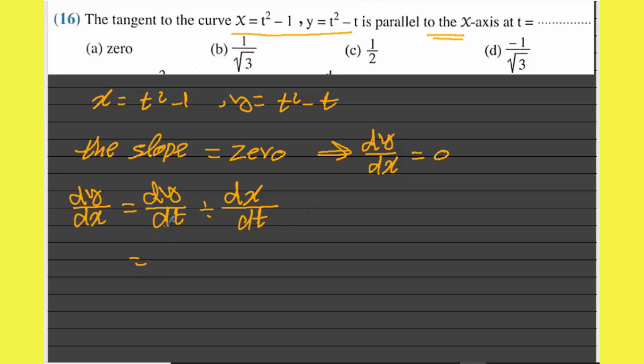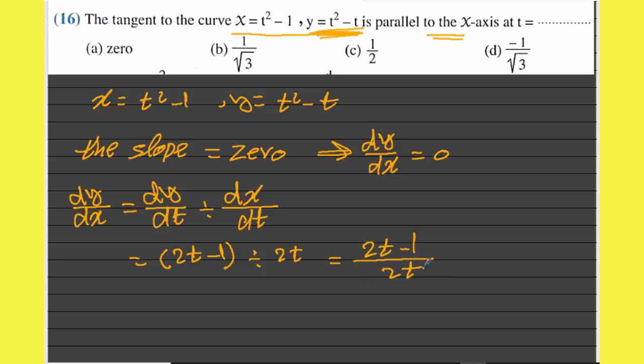What is the first derivative of y with respect to t? It is 2t minus 1, as y equals t square minus t. Divided by dx/dt: we have x equals t square minus 1, so the first derivative is 2t. So it is equal to 2t minus 1 divided by 2t.